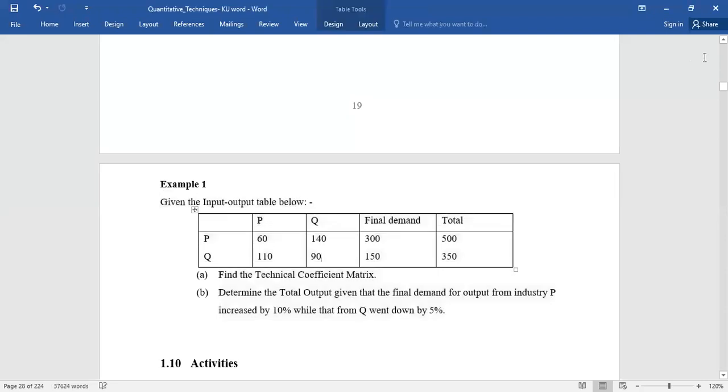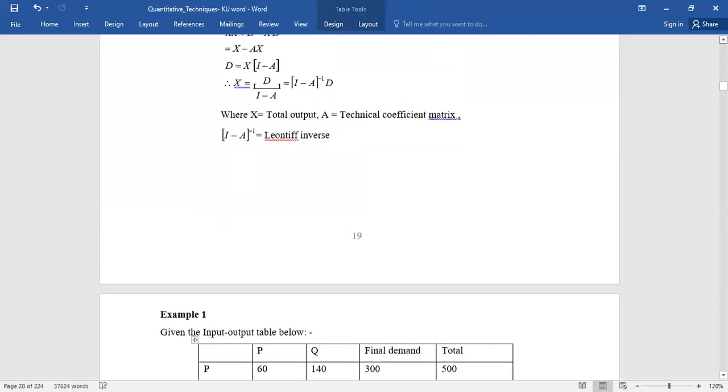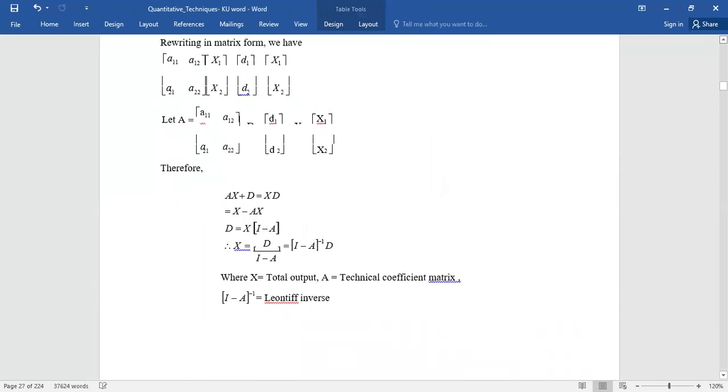You are deriving, and I'm saying there's this step. This is where we are. So you can see what is happening. We are trying to get the values of X. But before we get the values of X, we need to get the Leontief inverse.